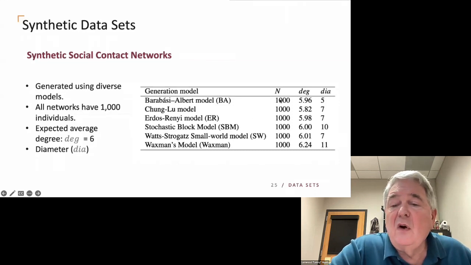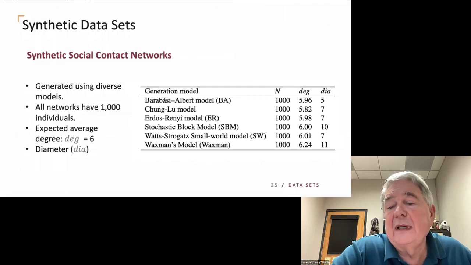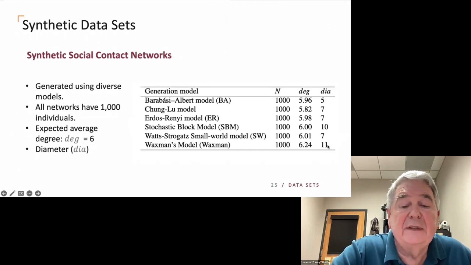We see that the number of nodes for all of the networks is 1,000. The degree is chosen to be approximately 6, expected to be 6. And the diameters vary among these models. You'll see that the Barabasi-Albert model has a small diameter of 5. The Waxman model has the largest diameter of 11.